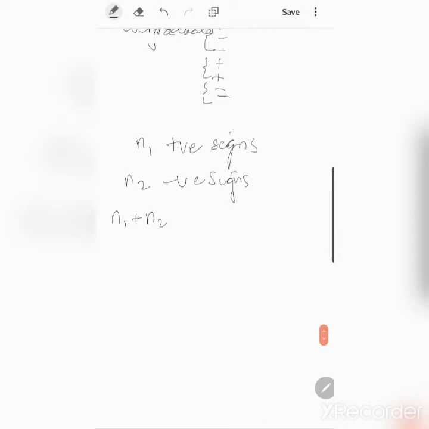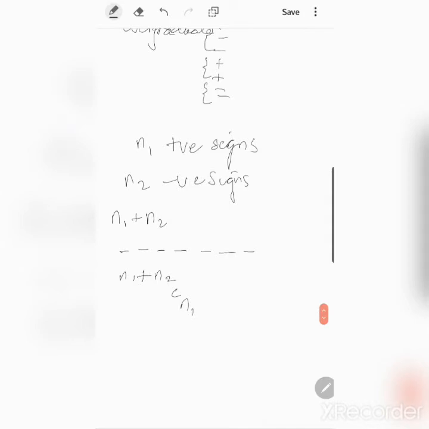So if I have to arrange n1 positive and n2 negative signs, let's say I have n1 plus n2 slots. I have to arrange n1 positives here. In how many ways can I do that?